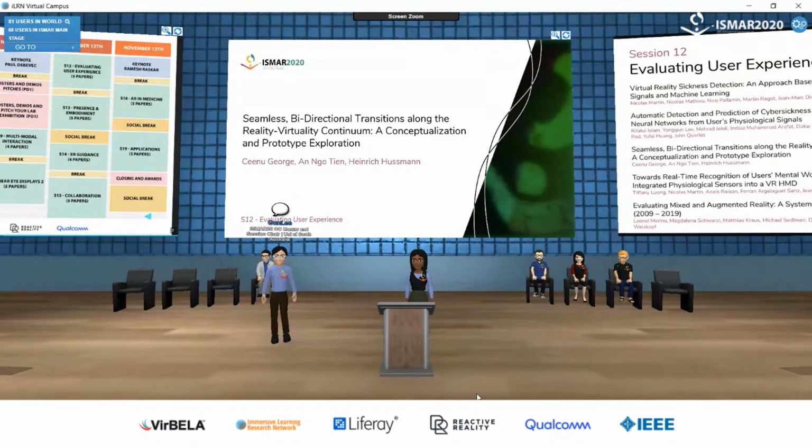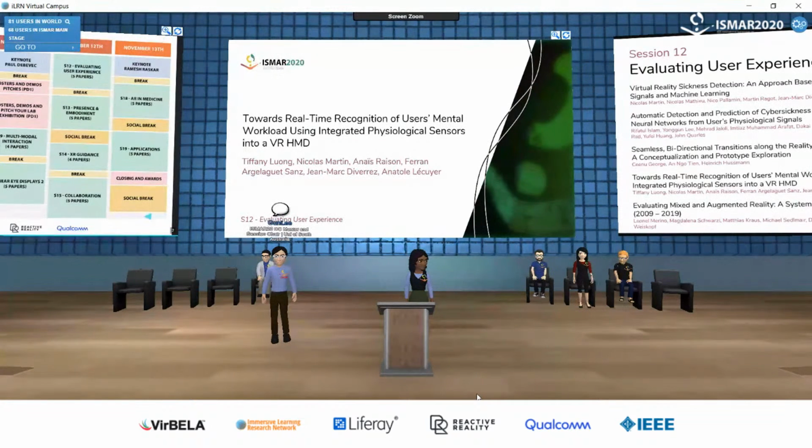Okay, thank you. So we'll move on to the fourth paper. The fourth paper is titled Towards Real-Time Recognition of Users' Mental Workload Using Integrated Physiological Sensors into a VR HMD. It's a work from IRT b<>com and University of Rennes, Inria.